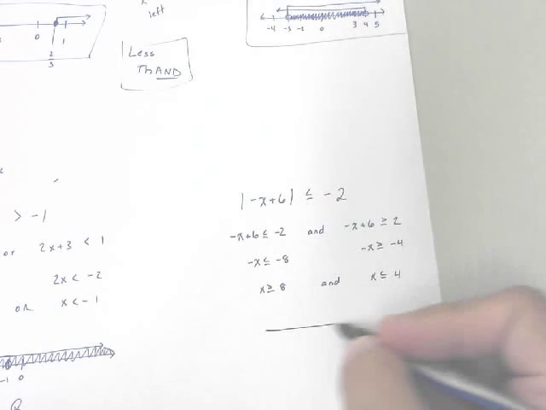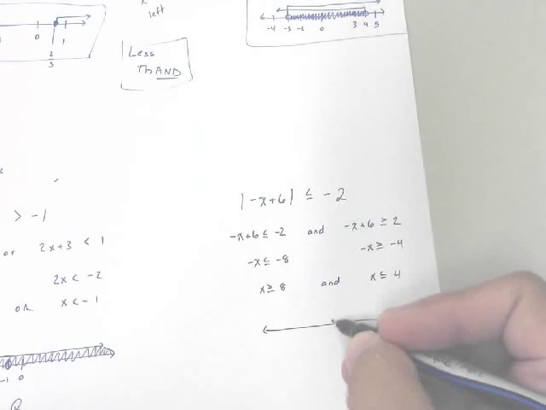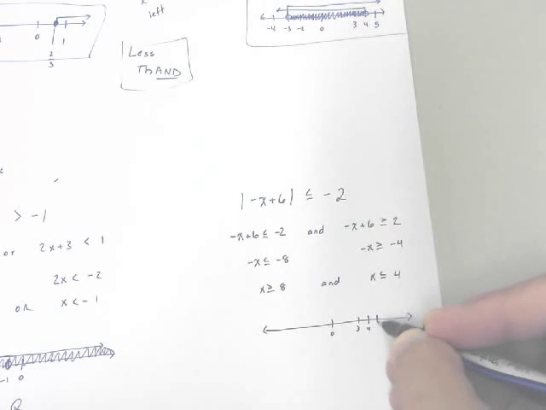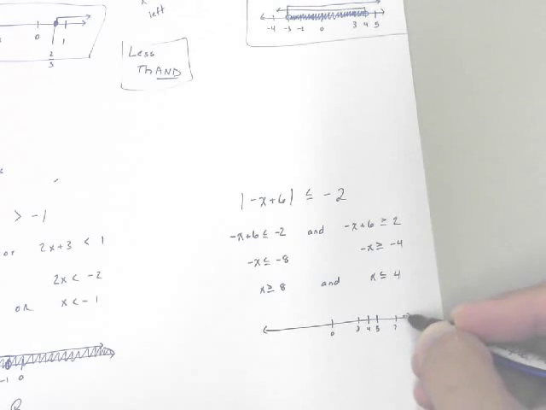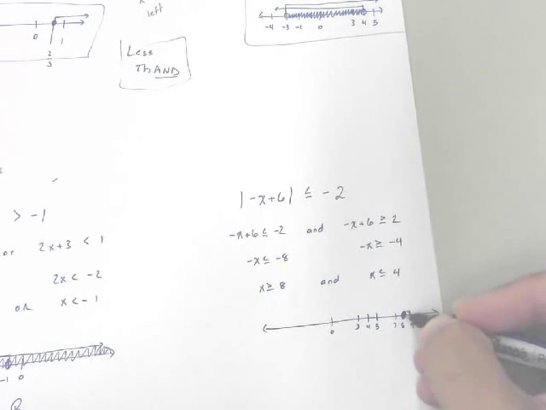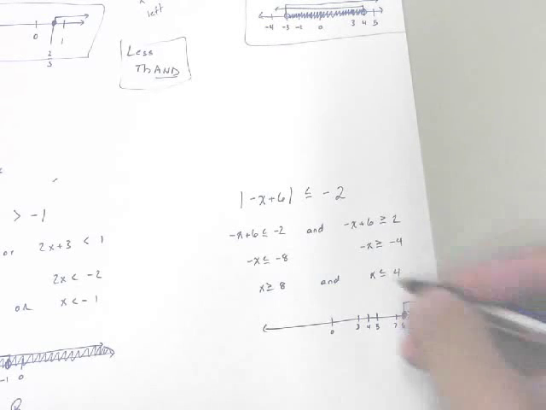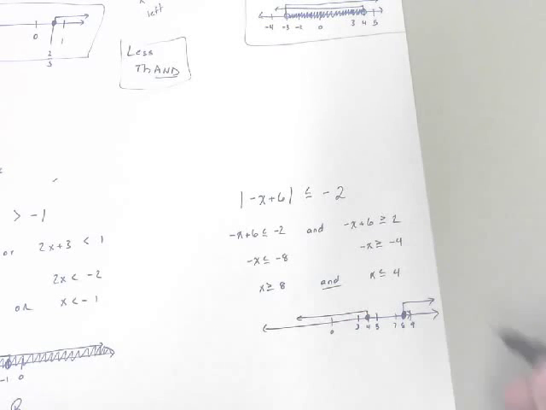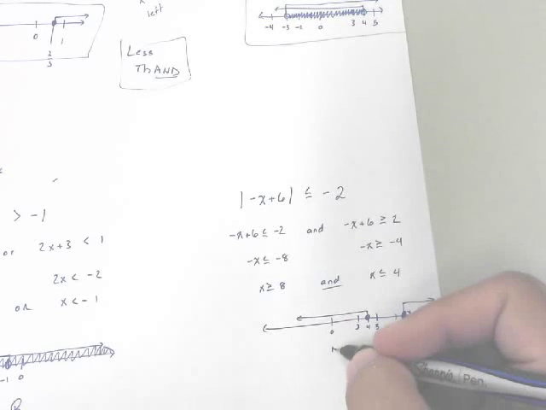So I have x is greater than or equal to 8. Gonna have to smush this together. So I have x is less than or equal to 4, which is to the left of 4, and x is greater than or equal to 8, which is to the right of 8. And this is and, and there's no overlap.